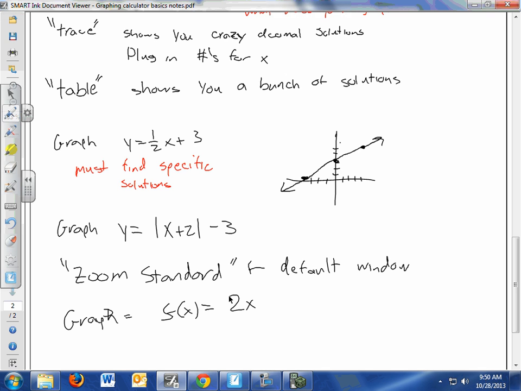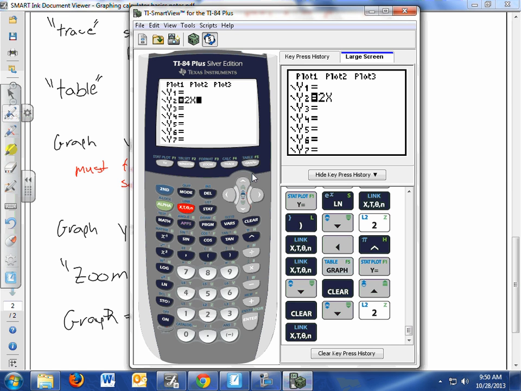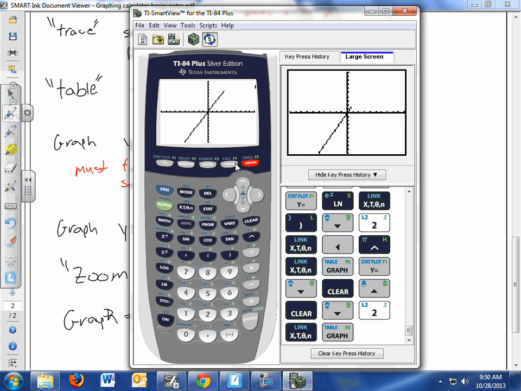No? Or could you? What would you have to do? Yeah, exactly. So if you're asked to graph this, you just graph y equals 2x in your calculator, and your y equals, you plug in 2x. Graph, boom, there's 2x.